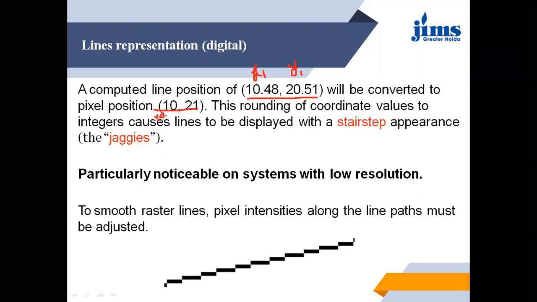When the starting point of a line is 10.48, we cannot highlight the pixel whose value is 10.48, so we have to approximate it. We approximate x at 10, and we approximate y as 21, as it is greater than 0.5.